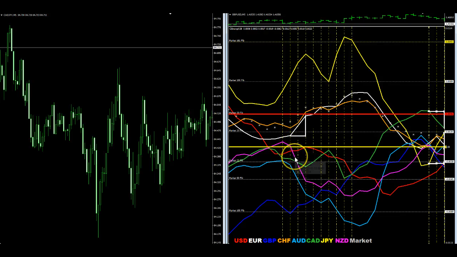So let's go with the Kiwi, the New Zealand. I get another line like this, and we know we want to go out 2 periods, and we want to go down until it touches down to there.